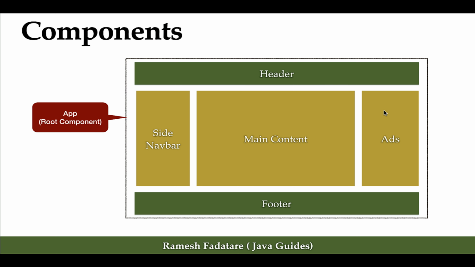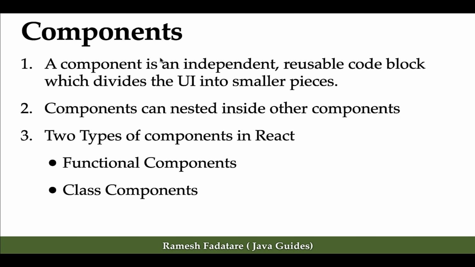For example, the app component is the root component, and it nests other components like header component, footer component, side navbar component, and so on. So just remember, components can nest other components as well. Next, in React there are two types of components: functional components and class components.